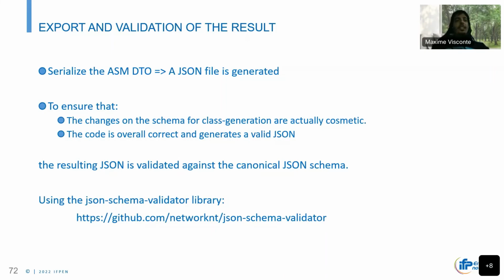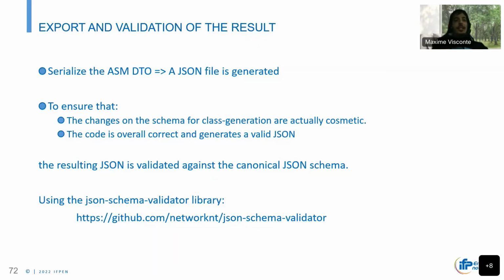When the JSON file is generated, we need to make sure of two things. First of all, that the changes to the schema that I sold as cosmetic and absolutely not changing the functionality and the underlying model of the JSON schema are actually that, and then that the code is correct and the correct JSON is generated.